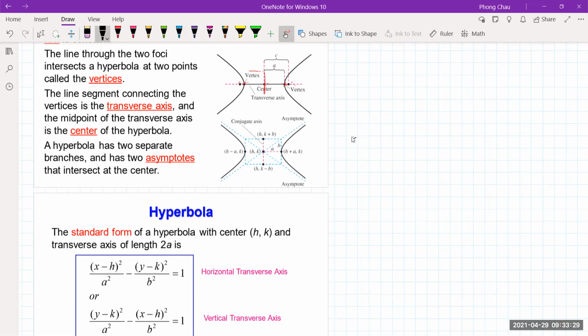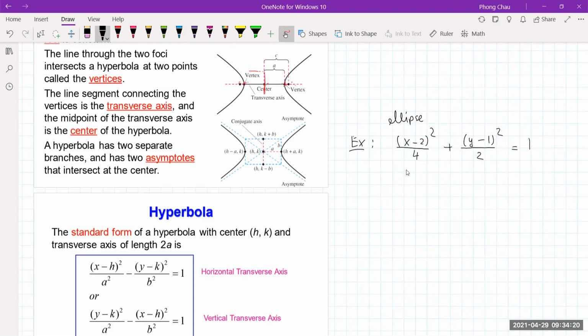So if you have the equation, say, (x minus 2) squared over 4 plus (y minus 1) squared over 2 equals 1, now we know that this is an ellipse, right? So here's an example of an ellipse.